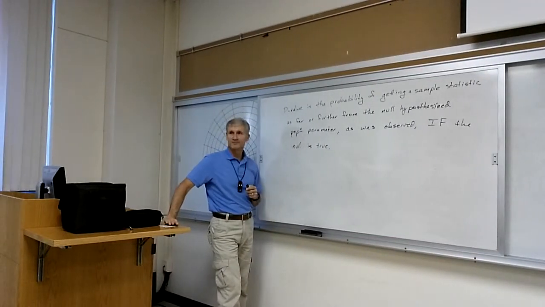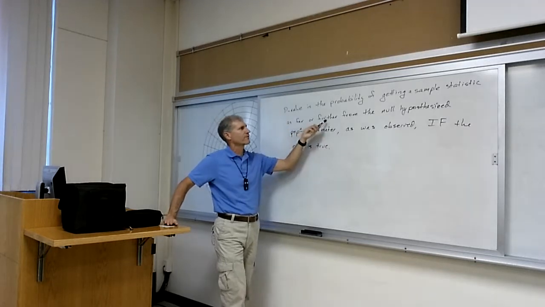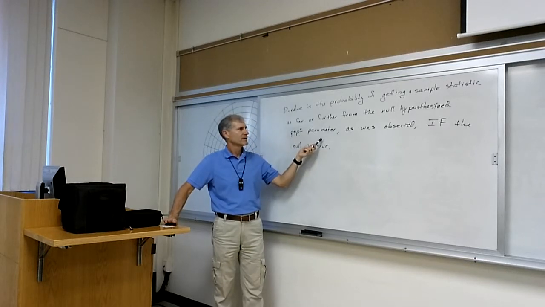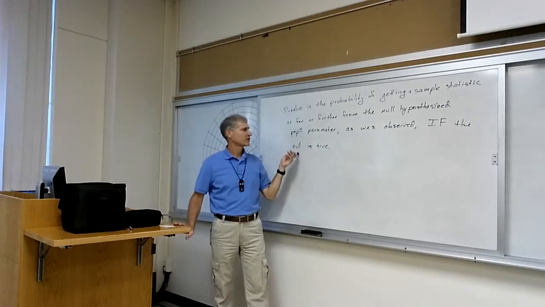That is a mouthful. P-value is the probability of getting a sample statistic as far or further from the null hypothesized population parameter as was observed if the null is true.